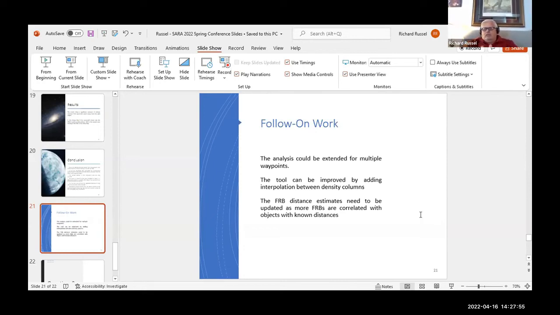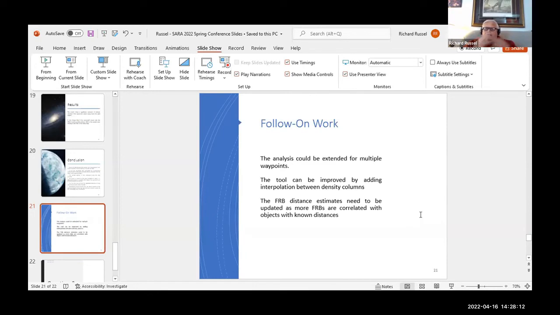I also didn't interpolate between density columns. It'd be very nice to have, if I have one thick density here and another lower density over there, there's a transition somewhere, and that'd be nice to add in an example.